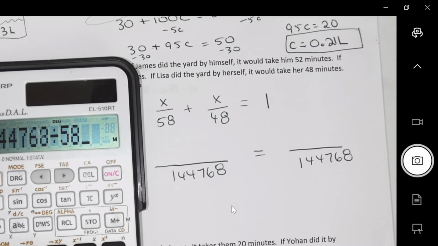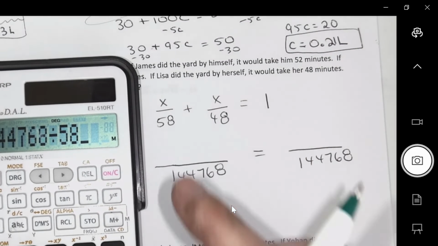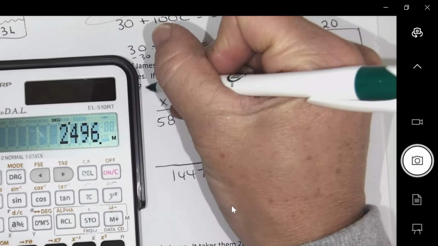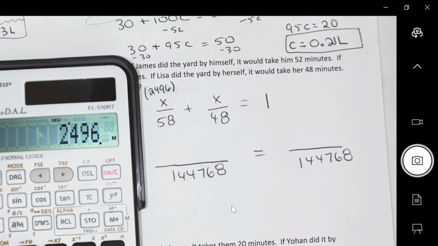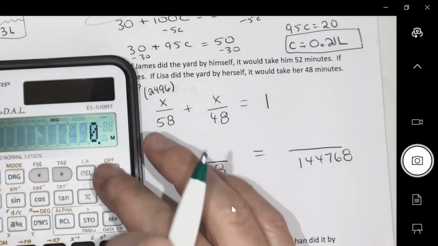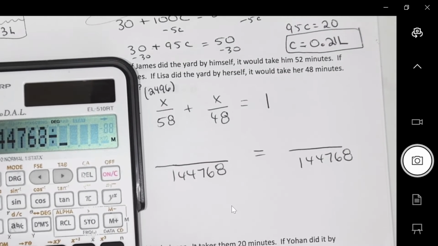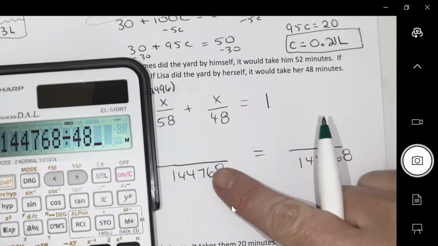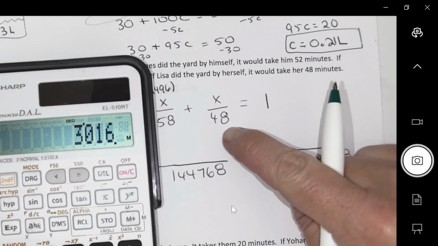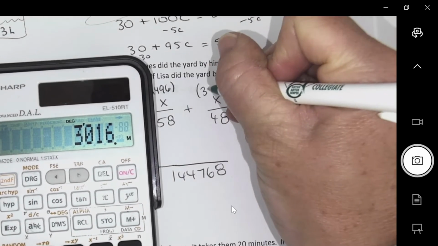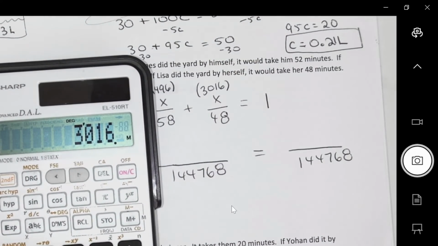Okay, if I do that divided by 58, means this one would be 2496 to multiply to that. Okay, so dividing by 48 now means I'd have to multiply by 3016.